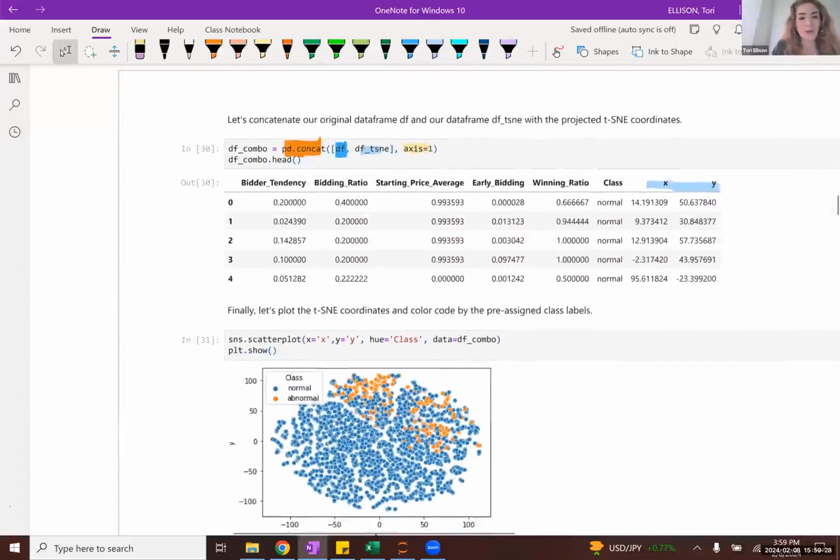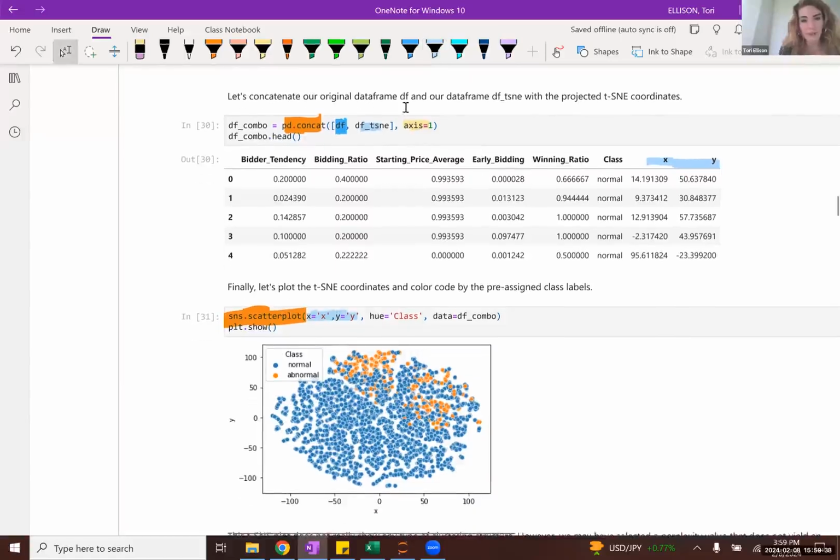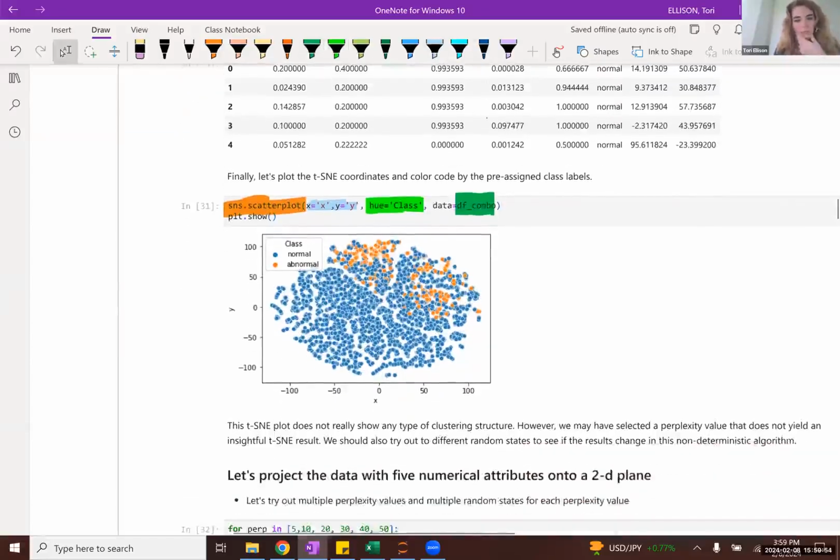Then I can simply use the scatter plot function, give it my TSNE coordinates, and add this additional element to the scatter plot in which I'm choosing to color code by the pre-assigned class labels here.